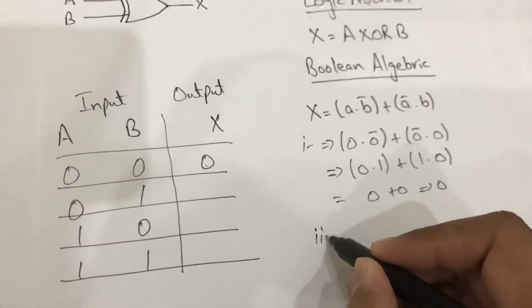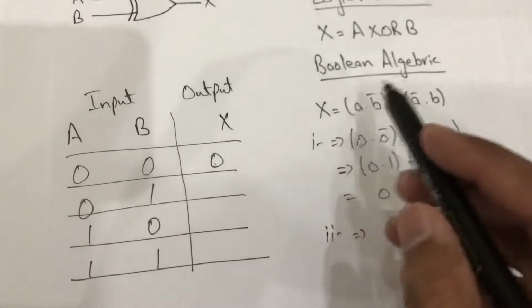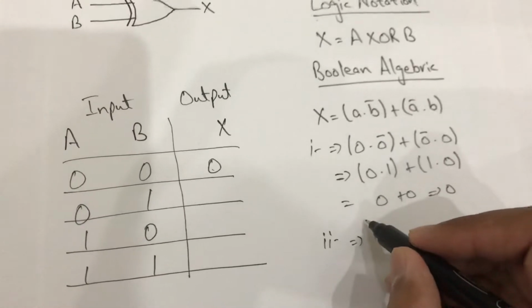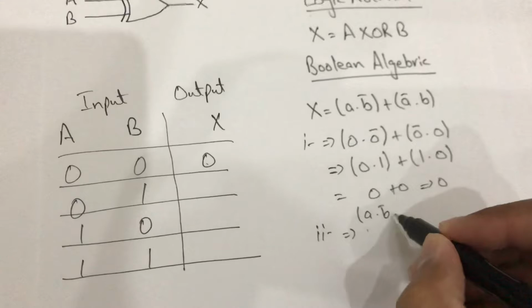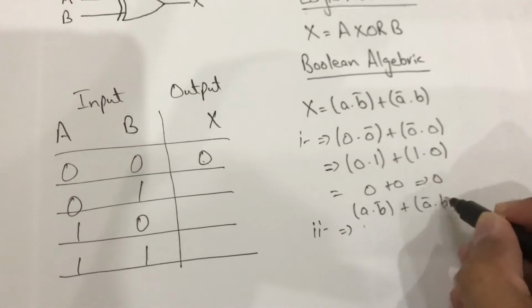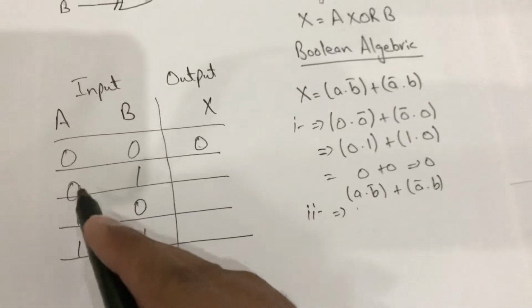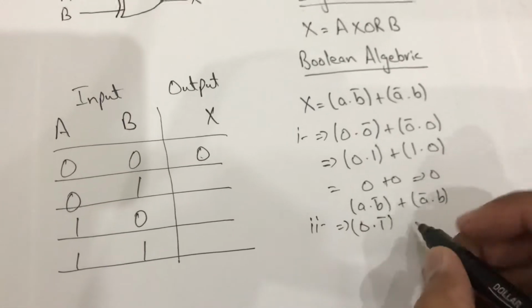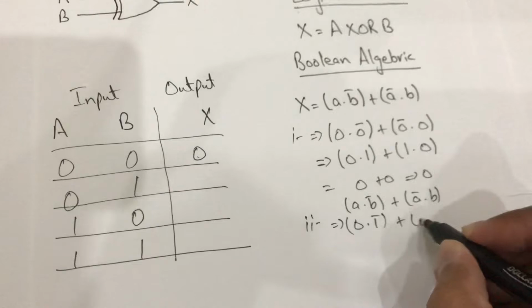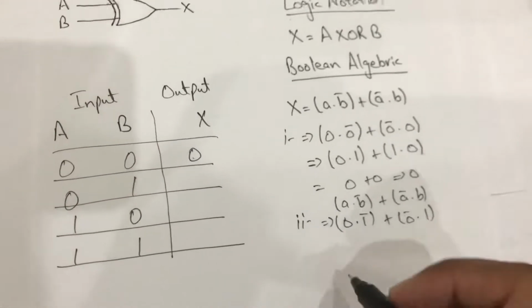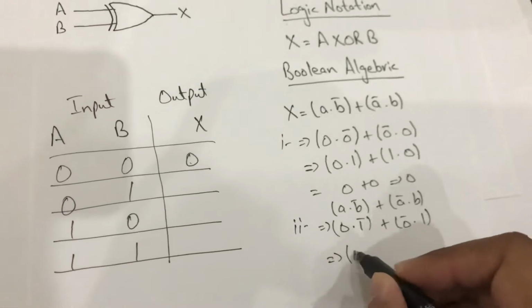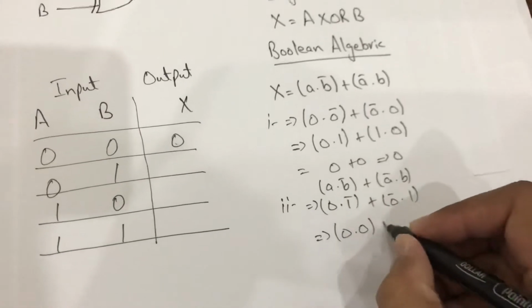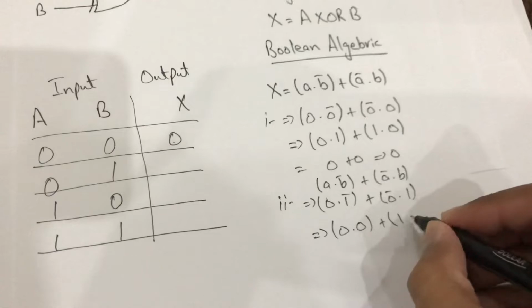Now the second one. First of all, write the Boolean algebraic notation over here: A dot B bar plus A bar dot B. So the value of A is 0 and B is 1, dot 1 bar, plus A bar, which is 1, dot B. So 0 multiplied by 1 bar, 1 bar is 0, plus 0 bar is 1 dot 1.